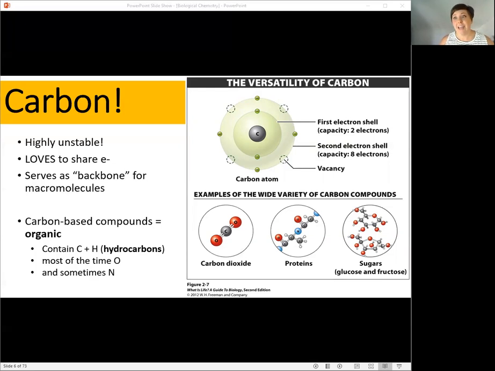Carbon turns out to be an excellent atom to form the backbone of molecules with strong structural integrity. This is because of its instability. Okay, that sounds really funny. But remember from our atoms and bonding lecture that the more unstable an atom, the more likely it is to form bonds.